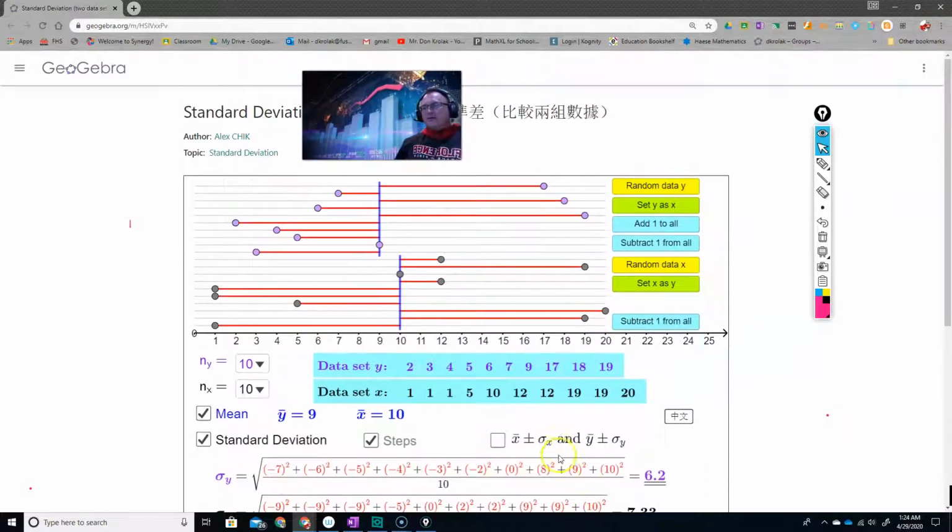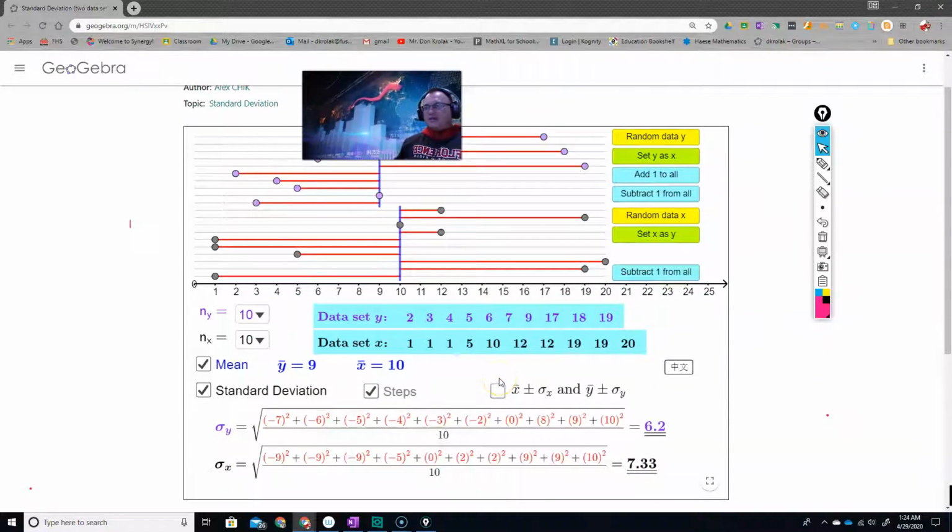Okay. Now, the one downfall or weakness to standard deviation is that it's based on the mean, and the mean is very susceptible to very high values and very low values. Where standard deviation is very powerful in terms of describing spread is if the data is normally distributed.